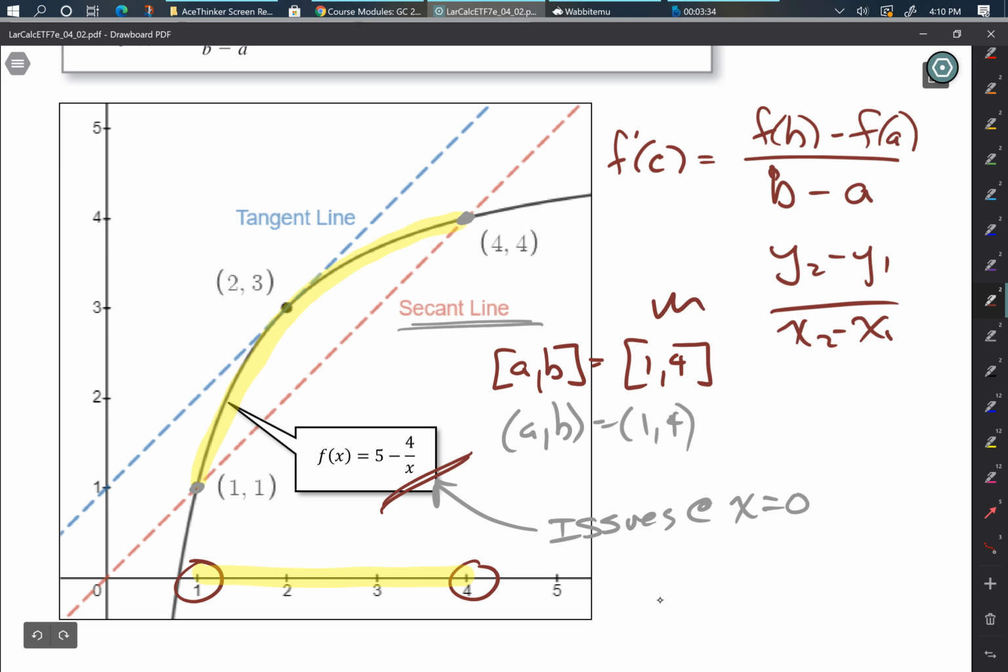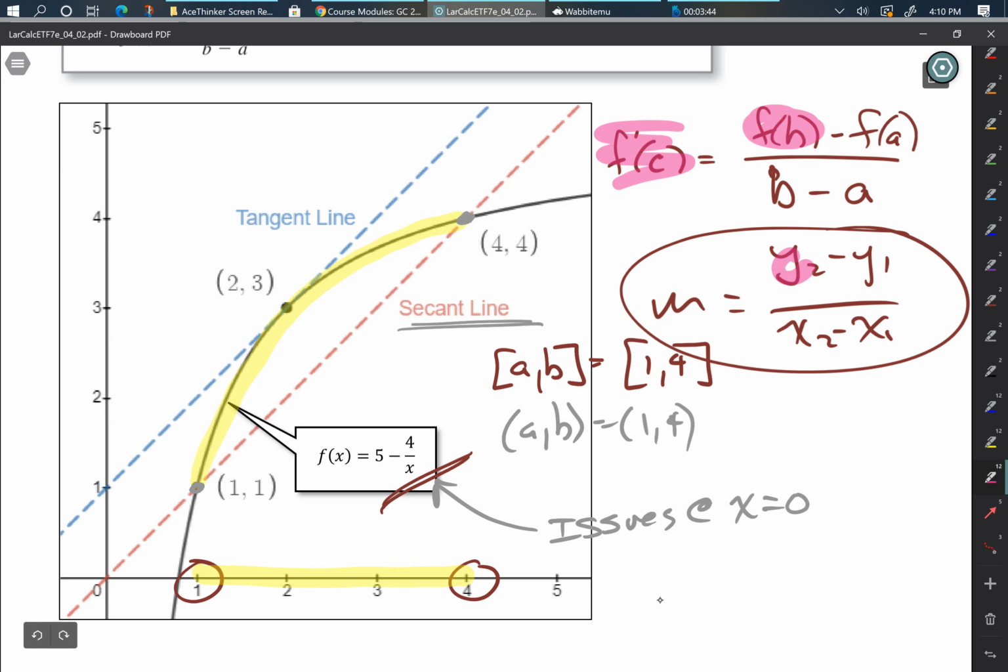That's just the slope formula, right? But if we fancy that up, we can say that f of b is just our y2, and f of a is just our y1, and then b minus a is just the x2 minus the x1.